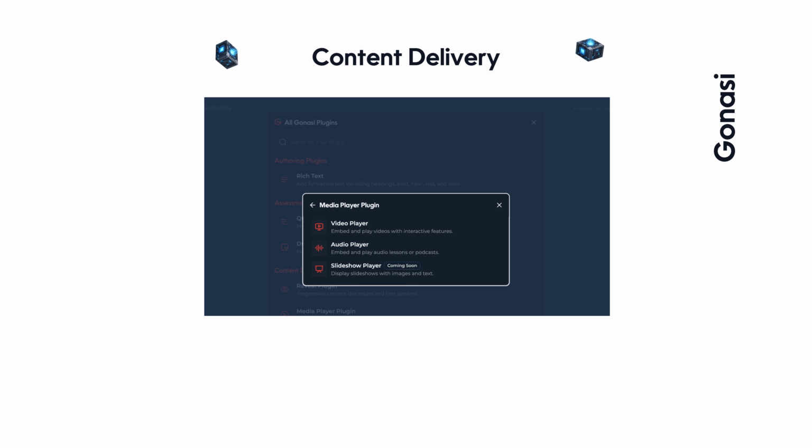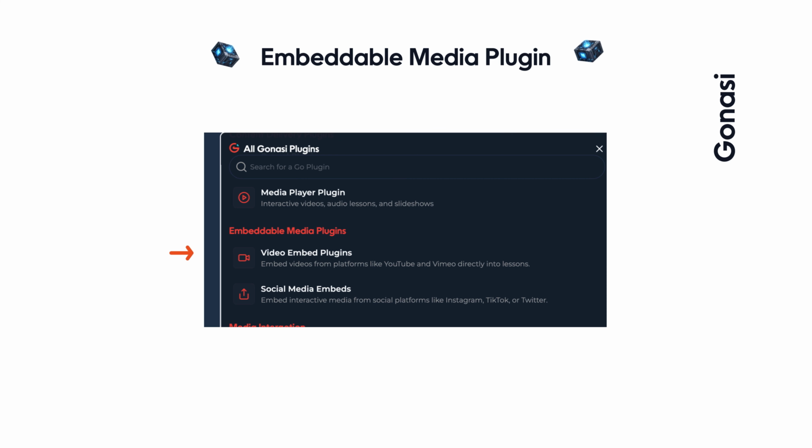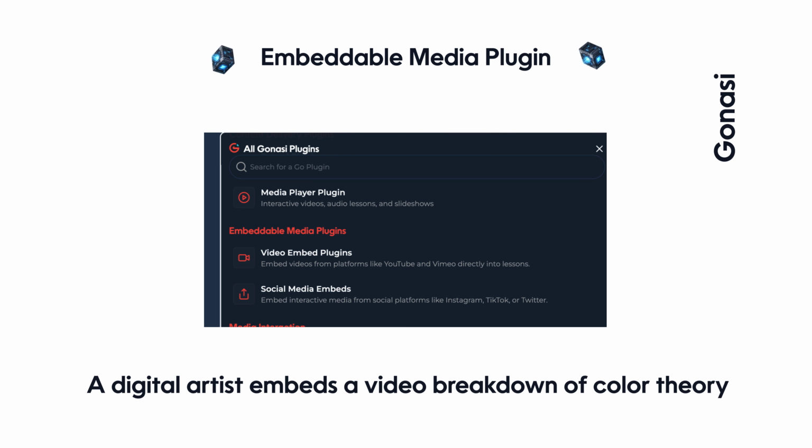Then we move to another plugin called the embeddable media plugin. This pulls external media inside your course so learners never leave the environment. The embedded type video, the platforms that are inbuilt, is YouTube and Vimeo. A scenario could be a digital artist embeds a video breakdown of color theory.